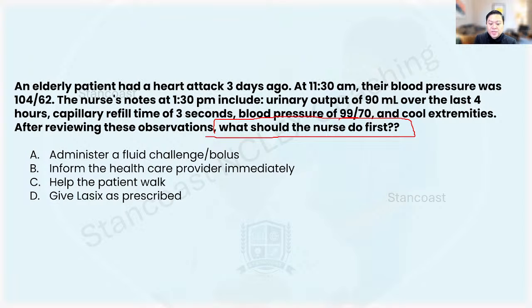So make sure that they know right away that these are the significant changes, so they can give us those important medications or treatments. Our goal in this test question is for you to prioritize those critical signs and make sure that you are prioritizing those urgent.